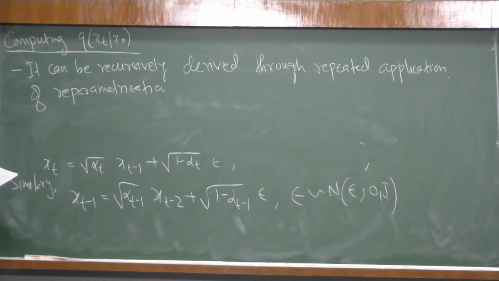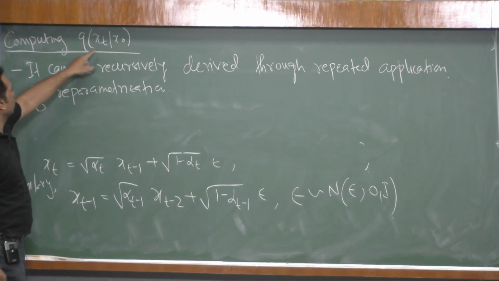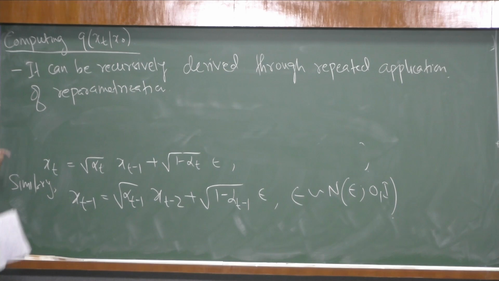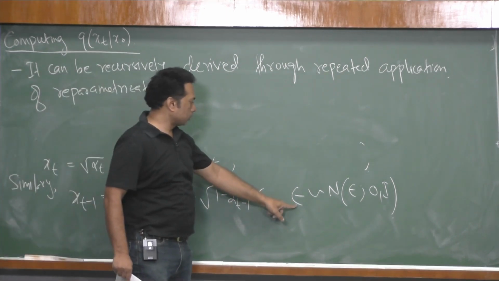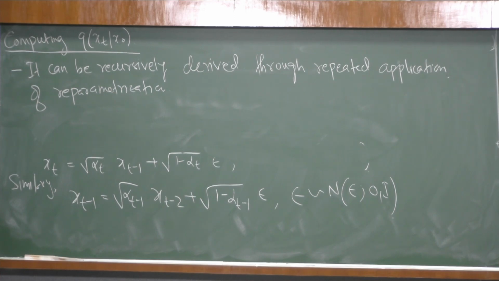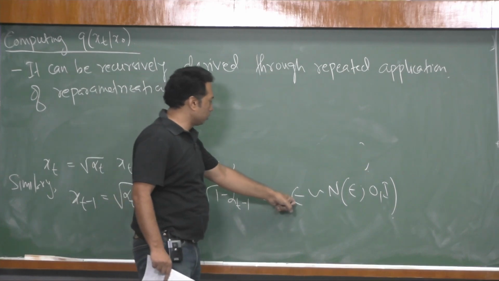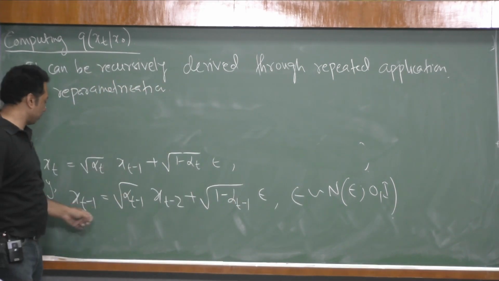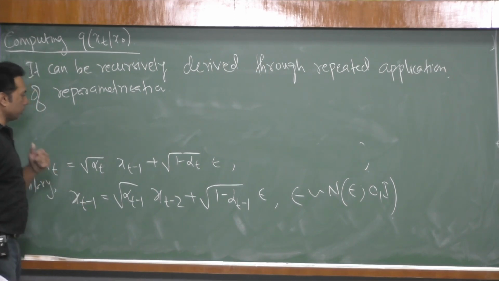So basically to go to t from x naught, each step of the forward process will involve having one standard normal sample. So to go to t, we will need t of those epsilons. Those many standard normal noise vectors we need, and with the help of that we will propagate this to t plus 1 and so on.